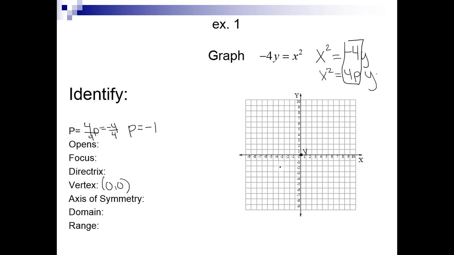Now, p is the distance the focus is from the vertex. So I had an equation with an x squared. So I know I'm going to be opening up or I'm going to be opening down.